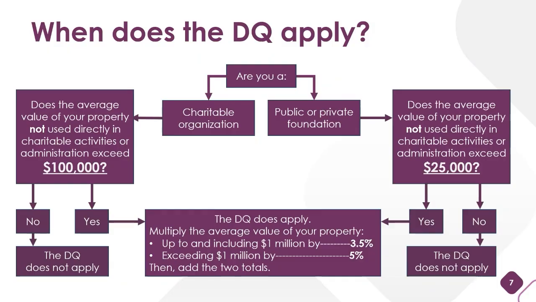Just for context, note that this graduated rate is new and applies for fiscal periods beginning on or after January 1st, 2023. This change was announced in the 2022 federal budget. Previously, the rate was a flat 3.5%. If this seems complex, don't worry, we'll look at how you filled this out in your annual return, Form T3010, later on in the presentation.